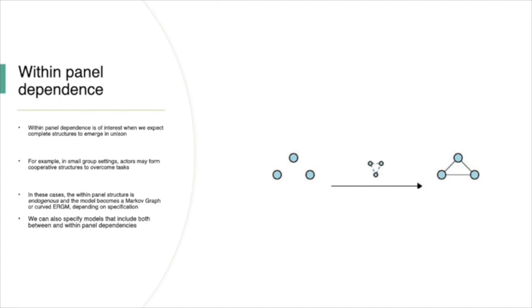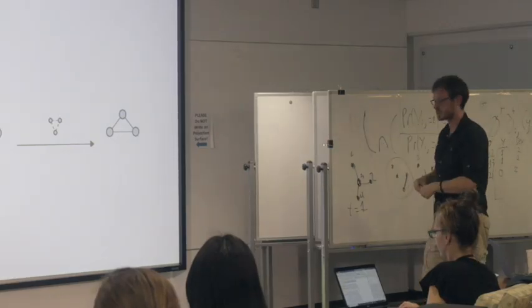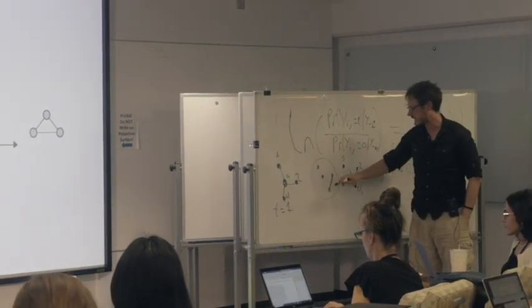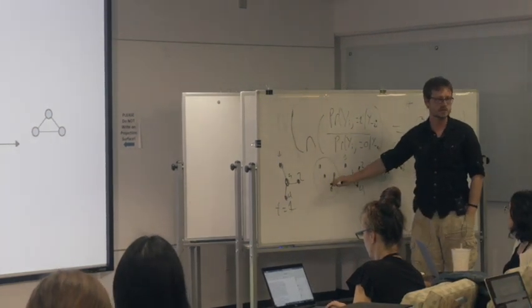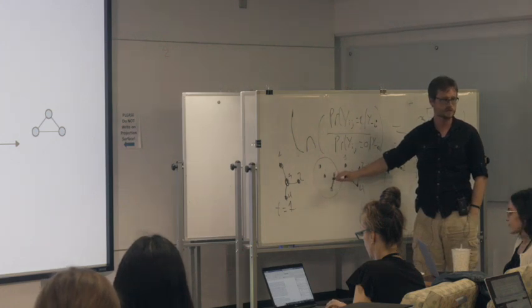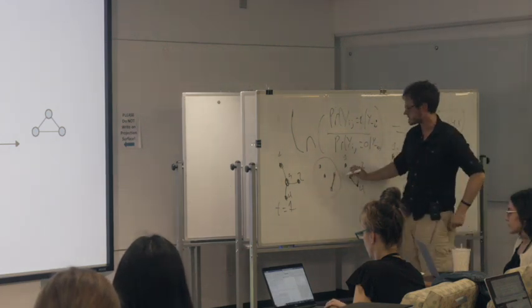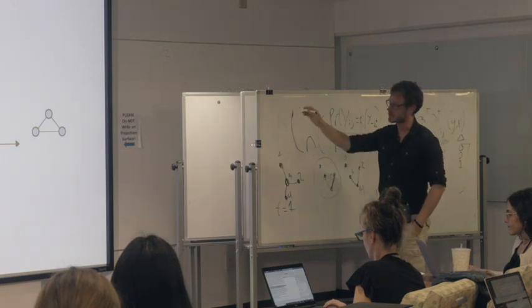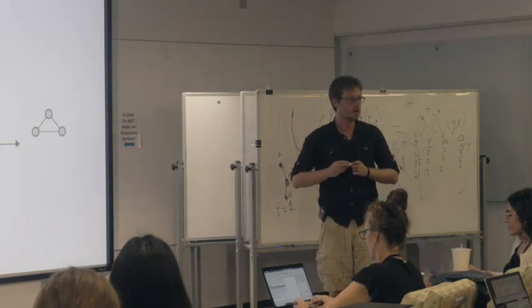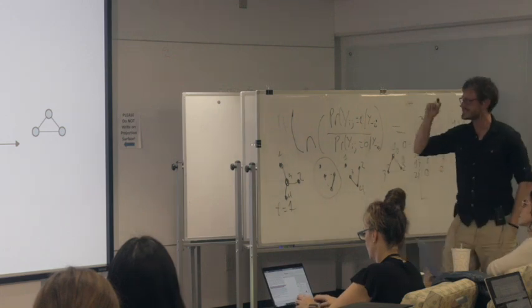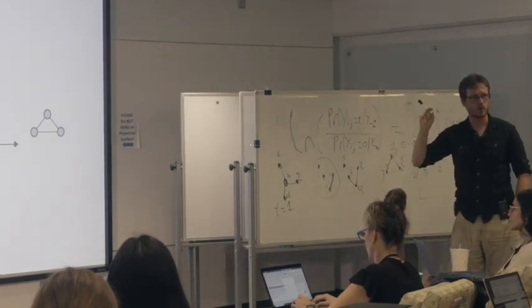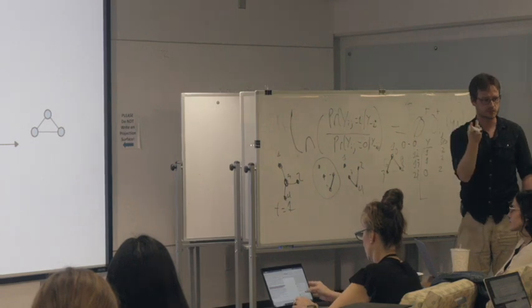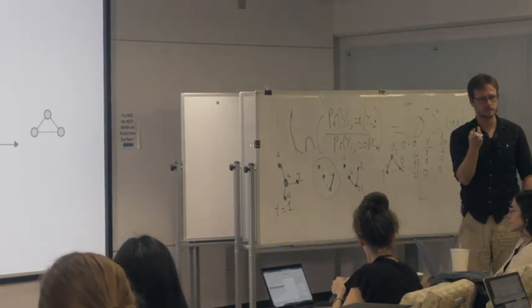Within panel dependence is, again, referring to ties that form as parts of complete structures in the unobserved temporal moment between panels. In other words, we are talking about the ties that form as parts of complete structures endogenous to this change process. So in a hypothetical account, say we see a triad emerge between panels as we have on the graph right up here. What that's saying is, is the tie more likely to form when it emerges as part of a complete triad between moments in time?